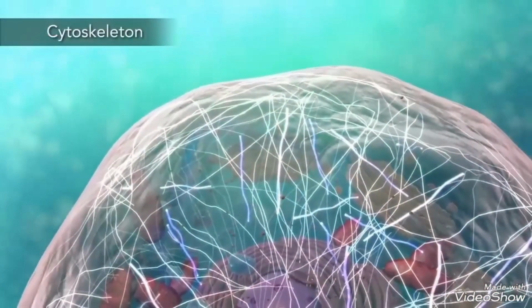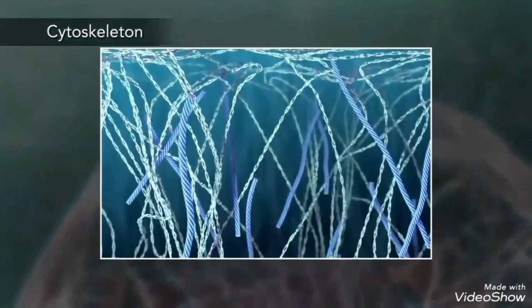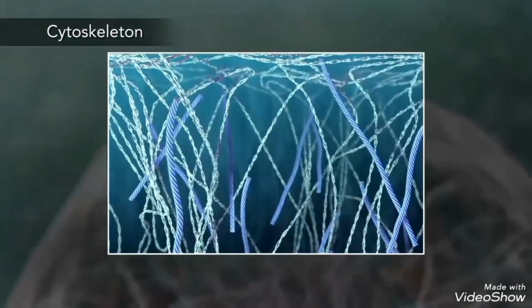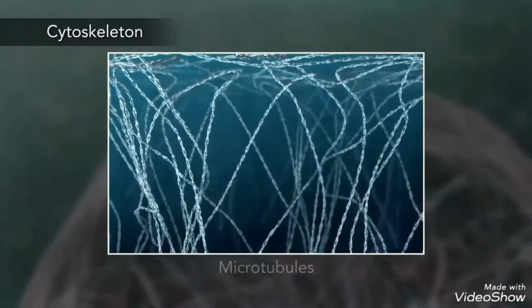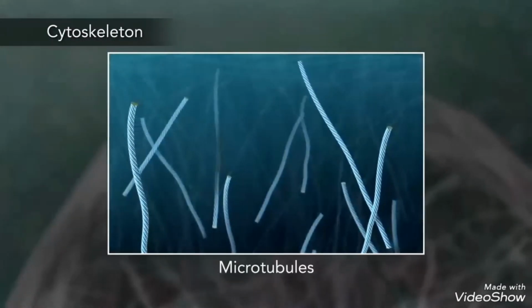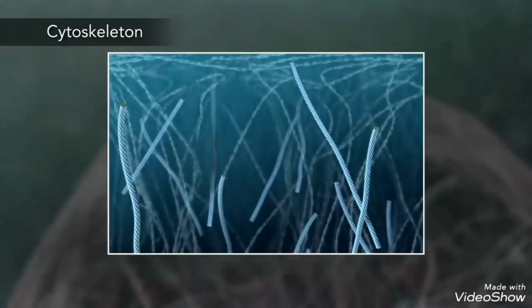Now the cell structure is maintained by a cytoskeleton from inside, like a pillar. It has microtubules, the hollow tubular structures, and thread-like filaments.